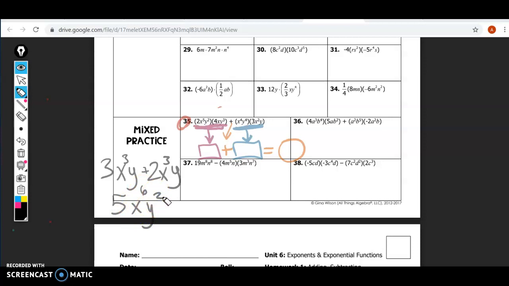We do not change our base and exponents when we add and subtract. Only with the multiplication do we add the exponents. But in this step here, when we add, do not change these exponents. So in this example that I wrote on the side, it would stay as 5x to the third y. Big mistake that I have a feeling some of you will make.